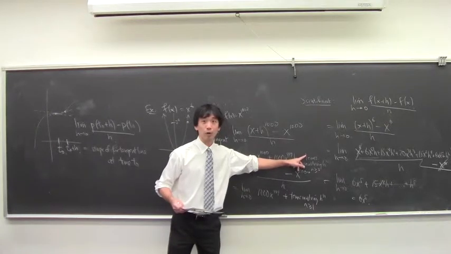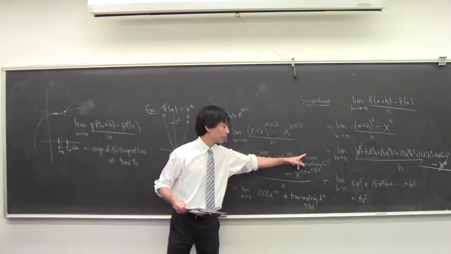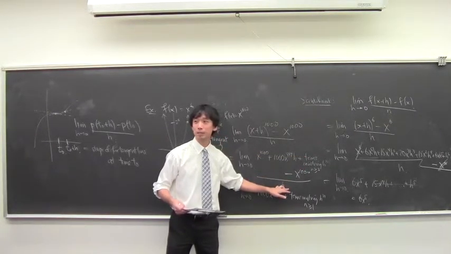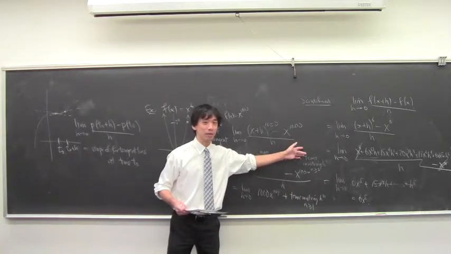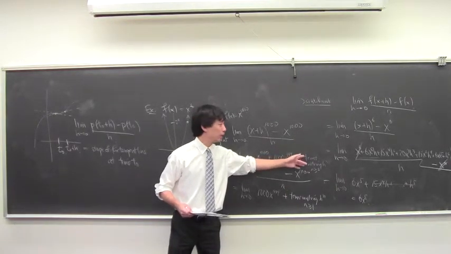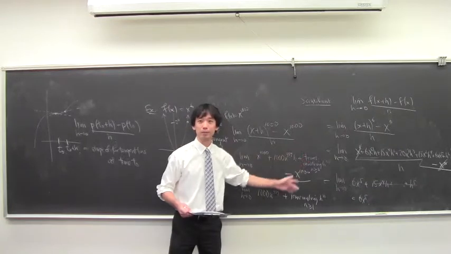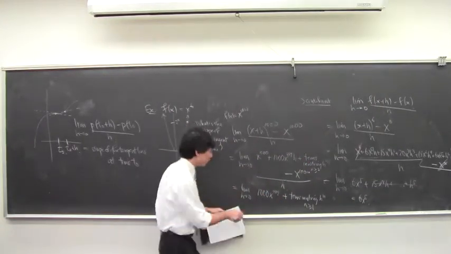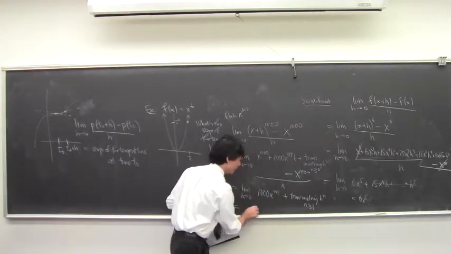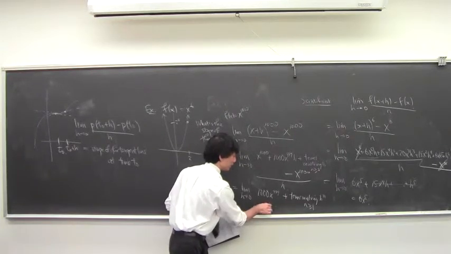Because these guys were all n bigger than or equal to 2, and you divide by h. So what happens is those guys all vanish, and you get 1,000 x to the 999.